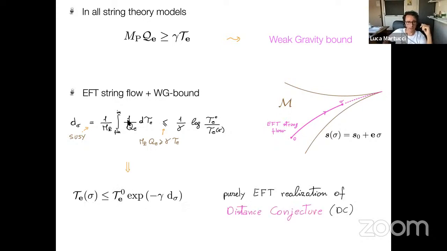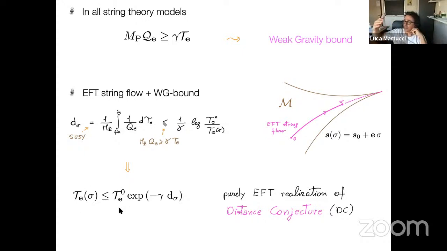And then turning this inequality around, we can write this inequality, which is basically telling us that the tension of the EFT string which is generating the flow decreases exponentially with the distance as we move along its own flow, which can be interpreted as an energy flow, as I explained at the beginning.